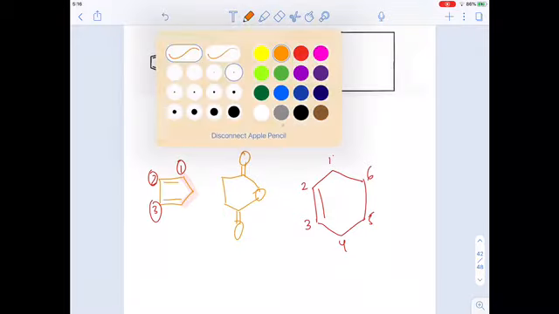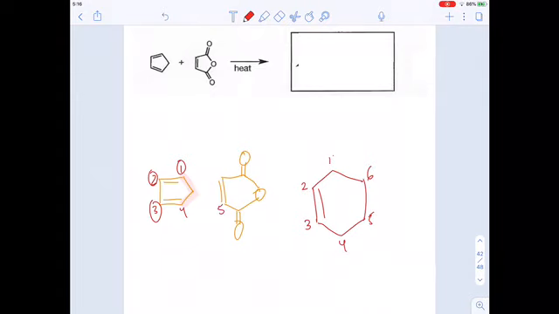Okay, so these two carbons here are actually going to flip up and form a bridge between 1 and 4. Oops, I didn't number it right. Skipped a carbon. But the numbering over here is correct. So these two are going to flip up and form a bridge between 1 and 4.